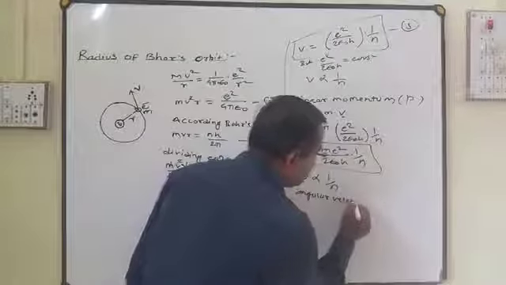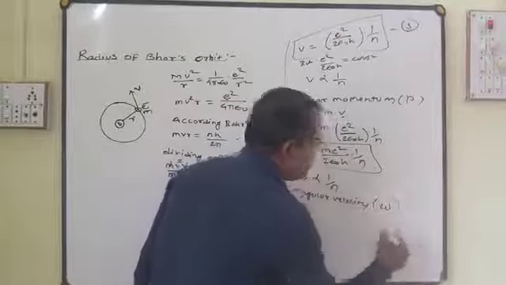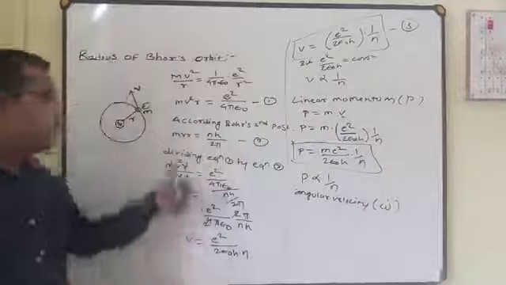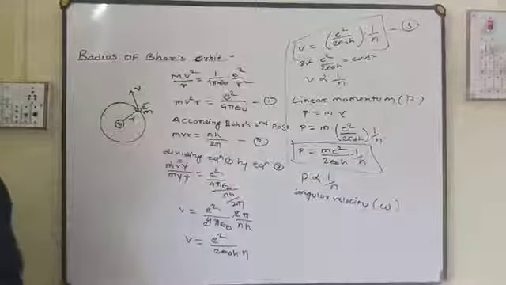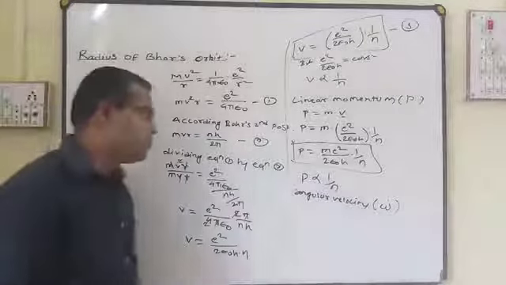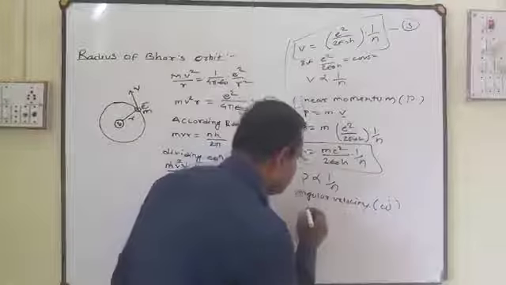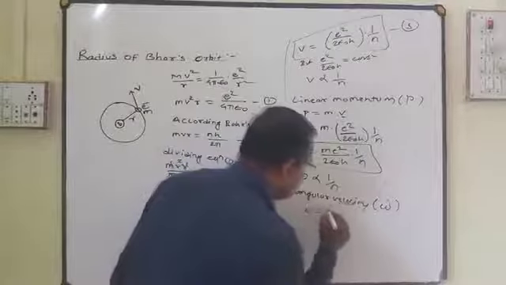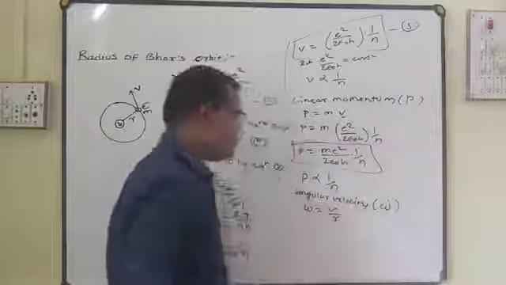Angular velocity omega. If the electron is revolving in a circular orbit, it has an angular velocity also. That angular velocity is given by omega = v/r.